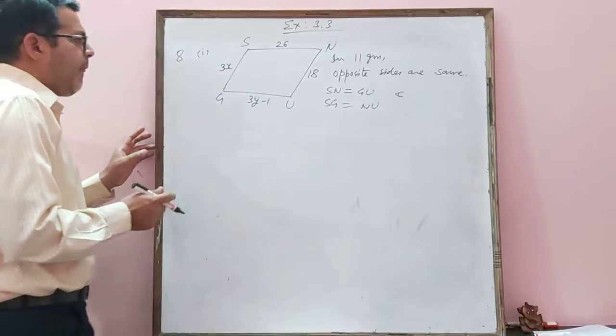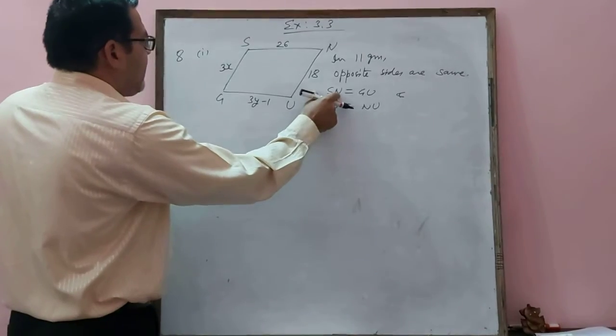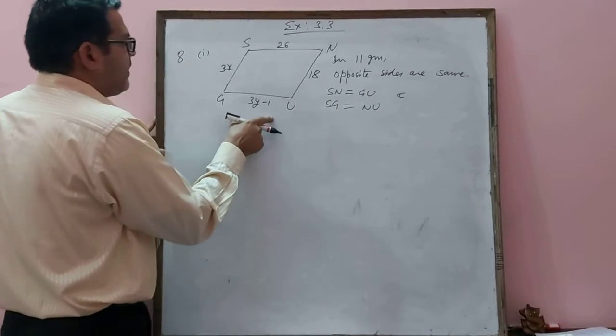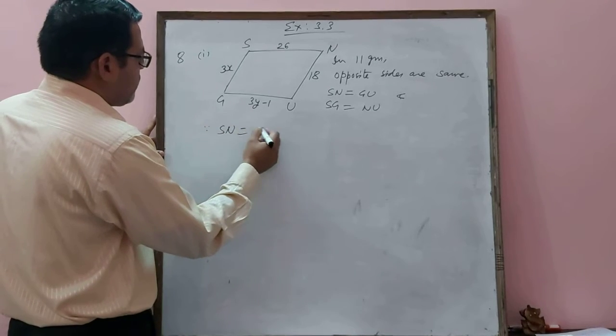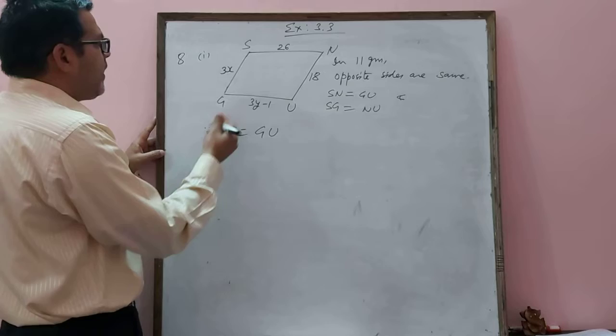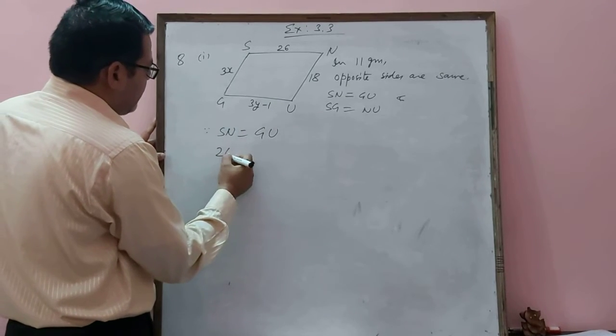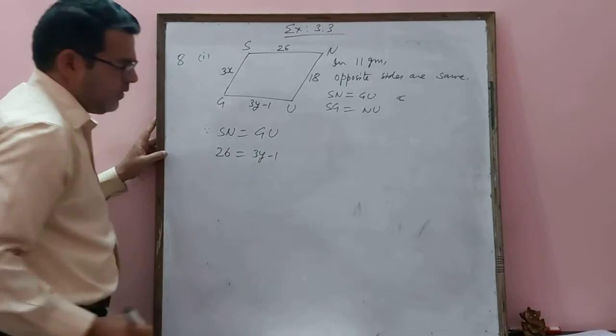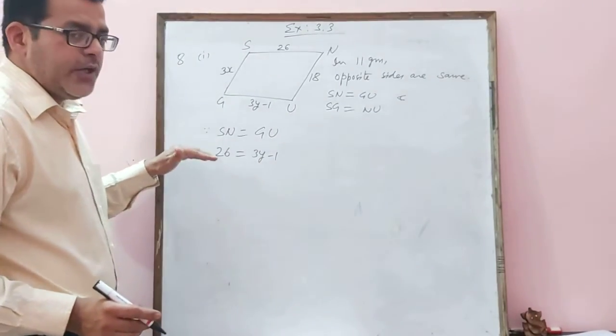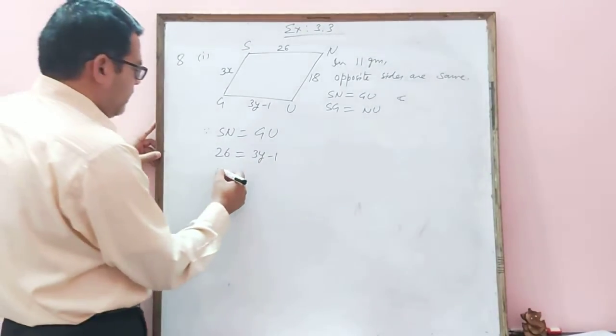So we know that Sn equals Gu. Since Sn equals Gu, what is Sn? The value of Sn is given, it is 26, and Gu is 3y minus 1. Now here is an equation you have to solve.